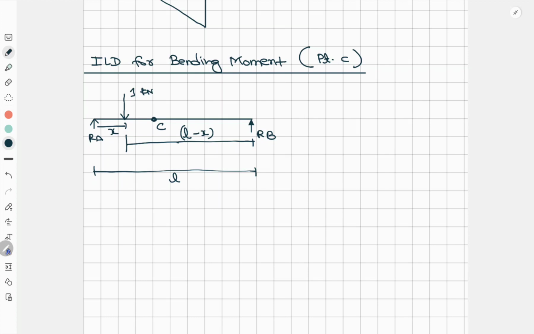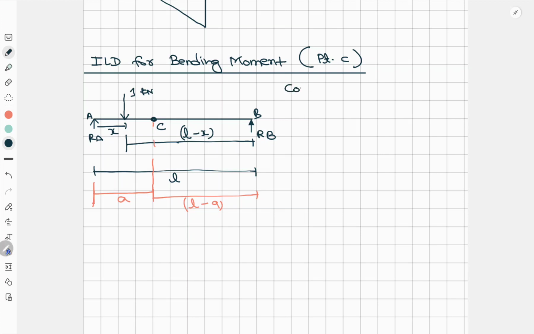Now we don't have the distance from A to C, so we'll consider it as a. Then from C to B will be L minus a, right? Now I'll write down here.